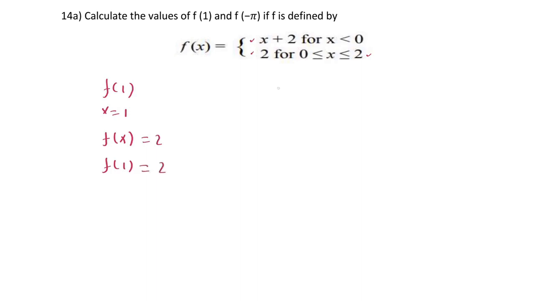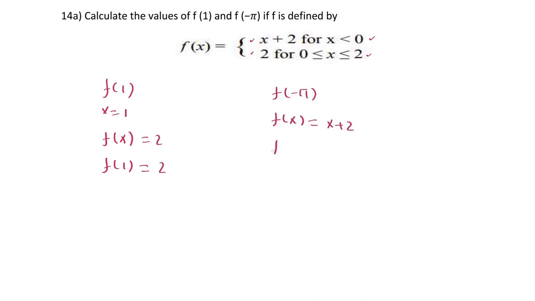Okay, so for f(-pi), we see that x equals -pi lies in x less or equal to 0. So we are going to use f(x) equals x plus 2. Okay, so from this function, let us substitute the value of x with -pi.